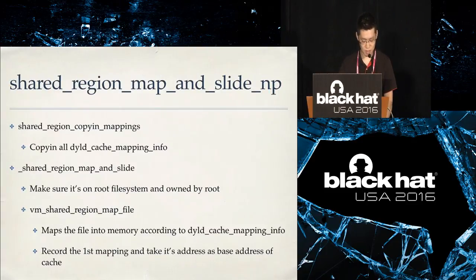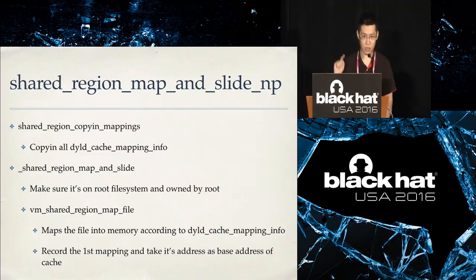What the kernel part does is very, very simple. It's copying all the mapping information, the mapping information we mentioned before, and doing some very simple checks, like whether it's on the root file system and whether it's owned by root. And finally it will just map the file into memory according to the mapping information.